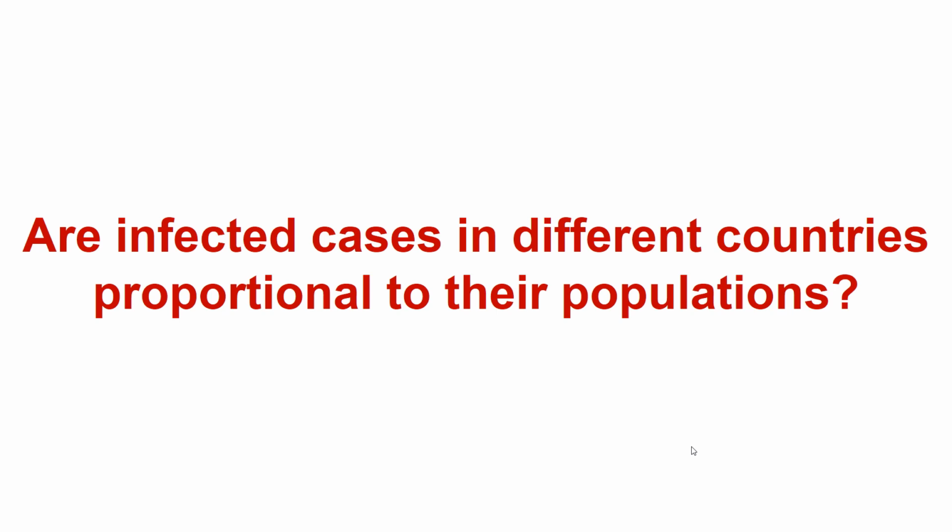In a more informal way: is the number of infected cases in a specific country relative to its population? Which means that if a country has a large population, will it get more infected cases than less populated countries or not? So the question is clear?